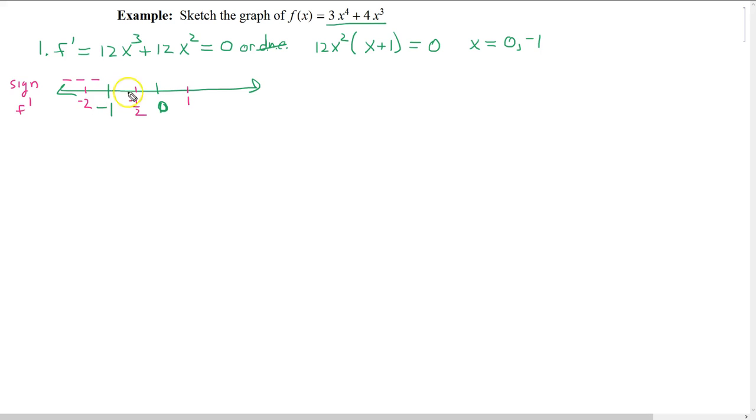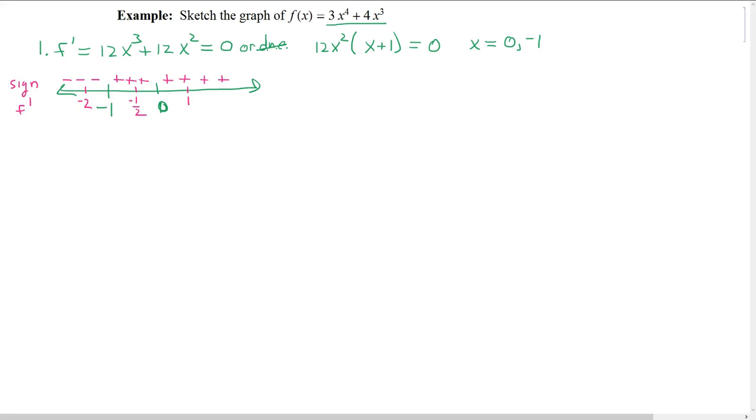And then, if we put negative 1/2 in here for x, this is positive times positive. Negative 1/2 plus 1 is positive, so we're increasing from negative 1 to 0. And then if we put 1 in here for x, we're also positive. So there we go.